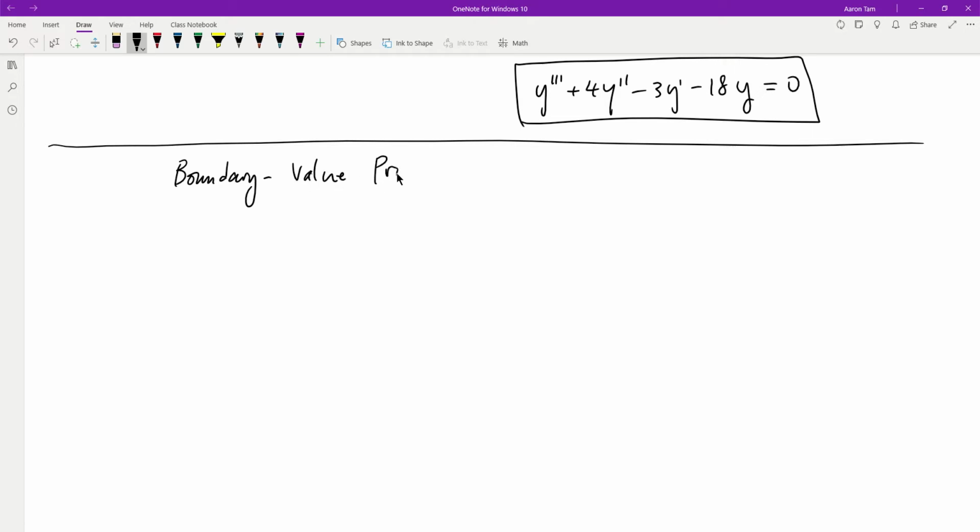Boundary value problems, just like initial value problems, basically require some kind of condition given to you for you to satisfy the equation. To mirror that with an initial value problem, let's talk about what this is. Let's say we're given what we call an initial value problem.